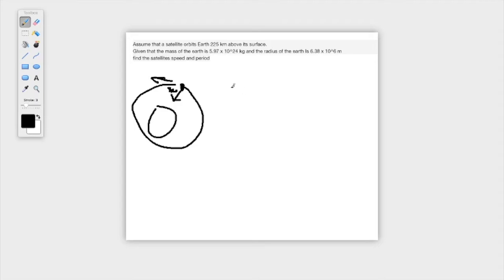And remember, the distance is the distance between the center of the Earth and the center of the satellite.